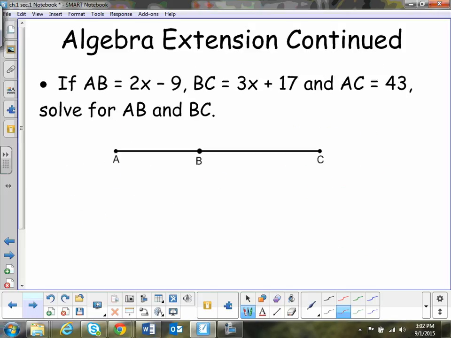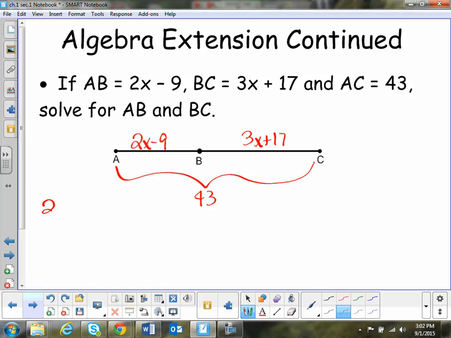Try another one. Here we have a point in the middle somewhere, and we've got a big segment AC. So it says AB is 2x minus 9, BC is 3x plus 17, and AC, the large segment, is 43. So how do you set this one up? We've got to solve for AB and BC. Well, if I add AB with BC, doesn't that give me the whole thing? It sure does.